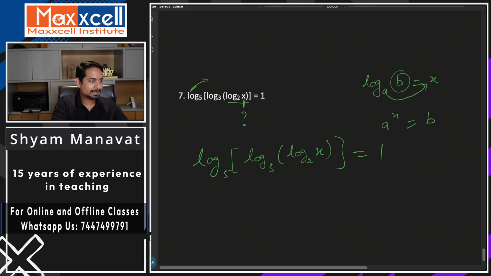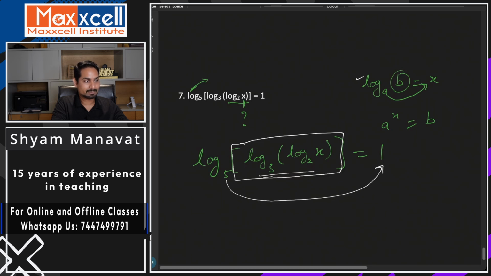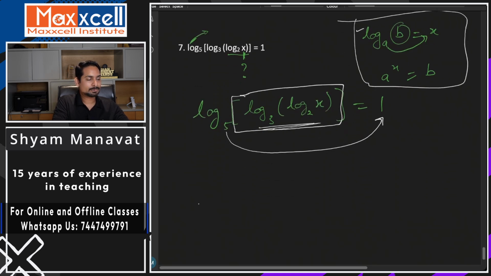Keep this as it is and apply the principle of log on the outermost one. So here I can say 5 to the power 1 equals whatever is inside the log. Look at this principle once again. Yes. So here 5 raised to 1, and what you get is log base 3, log x base 2.